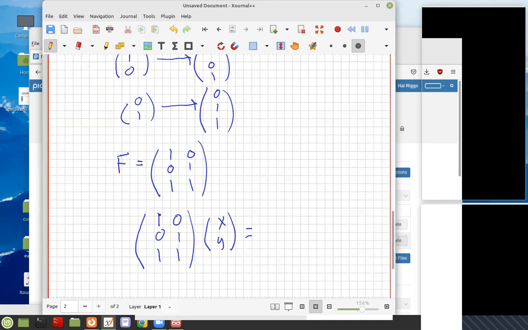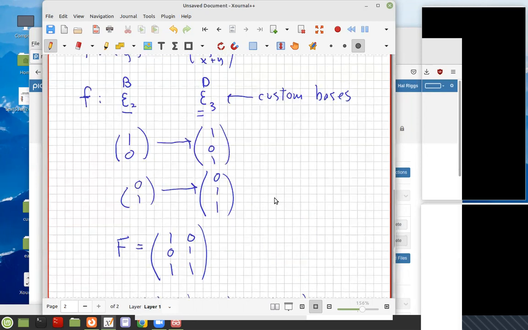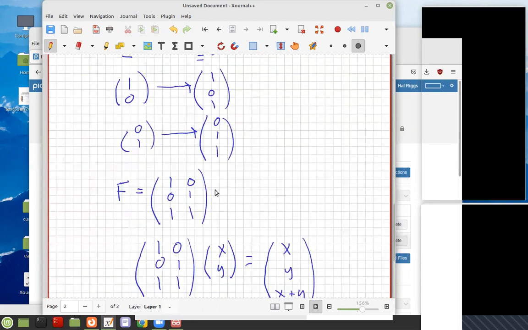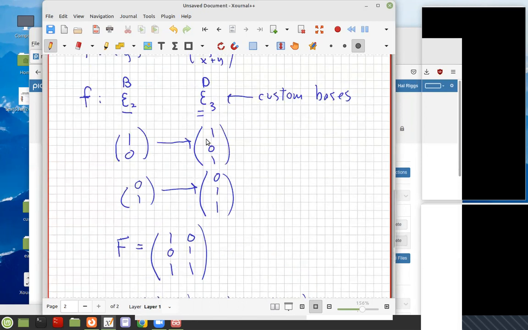Well, I'm going to have 1 times x plus 0 times y is x, 0 times x plus 1 times y is y, and x plus y is here. So matrix multiplication by this matrix reproduces the image here. In fact, linearity and matrix multiplication were in some sense defined so that this occurred. So for the standard basis, it's easy to find the matrix that corresponds to a map.